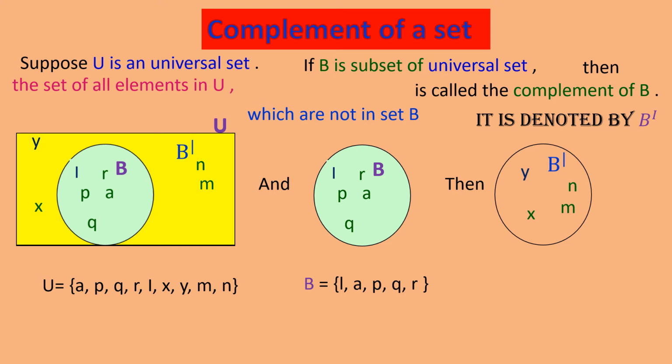Set B has L, A, P, Q, R. Now we compare U and B. Whichever is not there in set B will come for B complement. So what will I get? N, M, X and Y, because these elements are not there in set B. Clear?